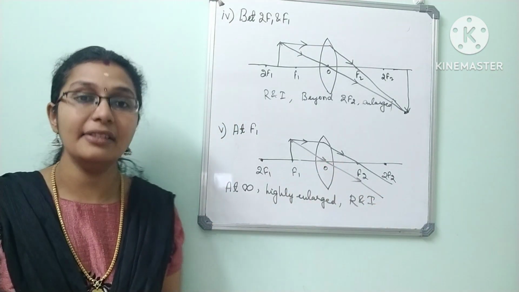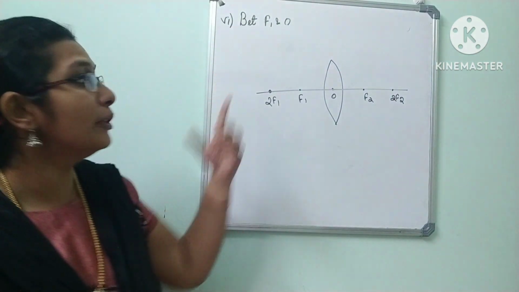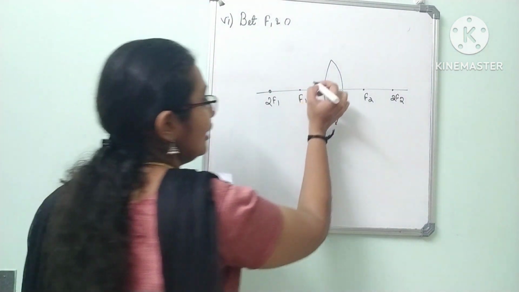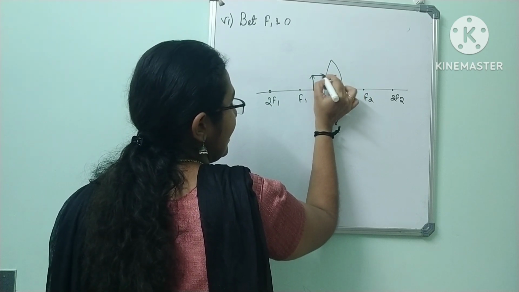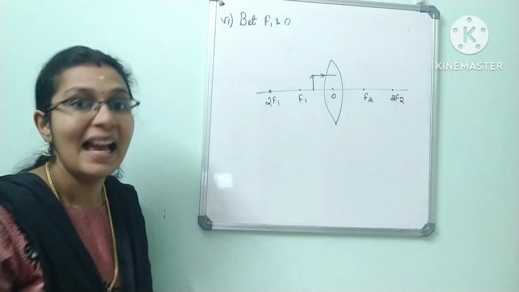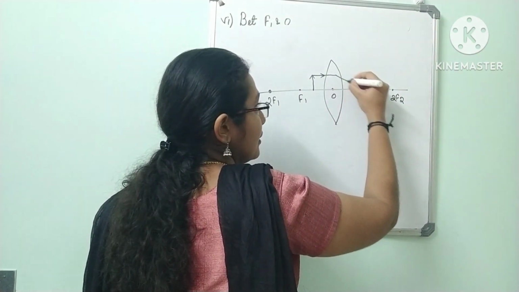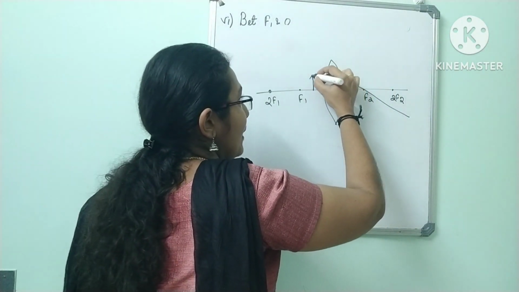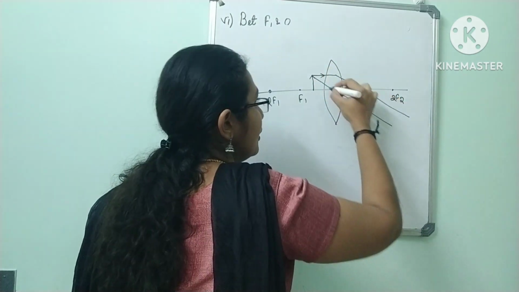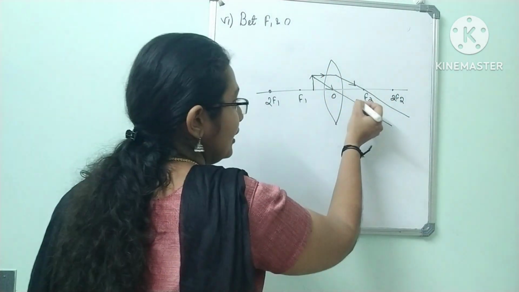Clear till this? The last case is between F1 and O. Here we are going to place our object. Let us see where the image will be found. A ray parallel to the principal axis, after refraction, passes through the focus on the other side. Then a ray passing through the optic center goes undeviated.